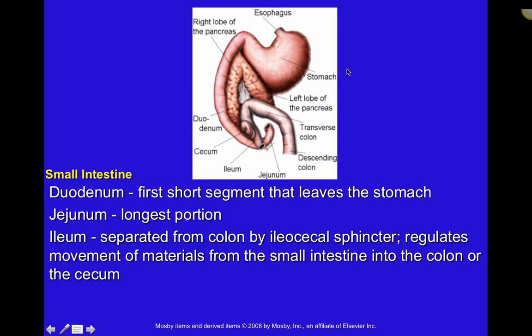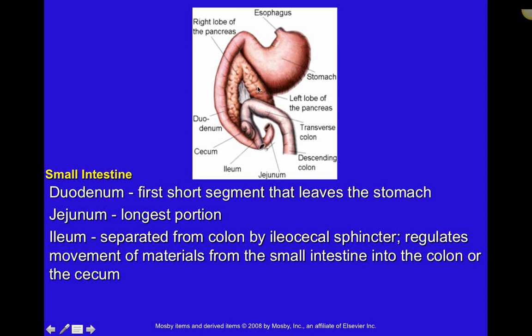So the pancreas has lots of roles. It has a role within the endocrine system with regulation of insulin and blood sugar. But in the GI system, it is really, really important for the duodenum because it secretes bicarbonate into the duodenum. And what that bicarbonate does is neutralizes the hydrochloric acid that's coming from the stomach.